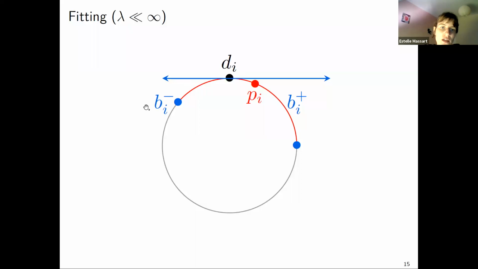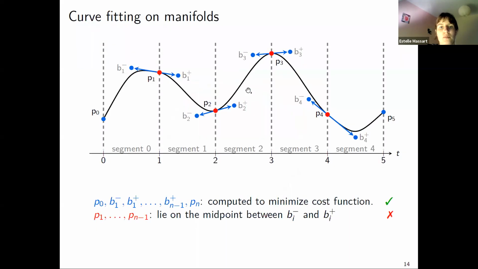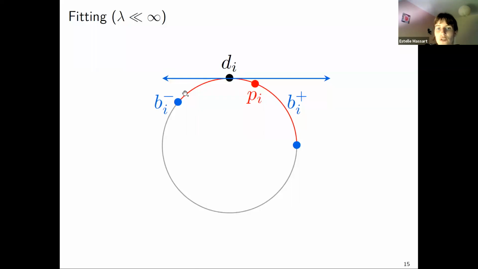So we computed the vectors b_i minus and b_i plus, or at least the tangent vectors, and then the way we were getting those control points p_i, which was wrong in our case, was by mapping the tangent vectors to the manifold associated to the two neighboring control points, and then taking the midpoint of the curve between the two.